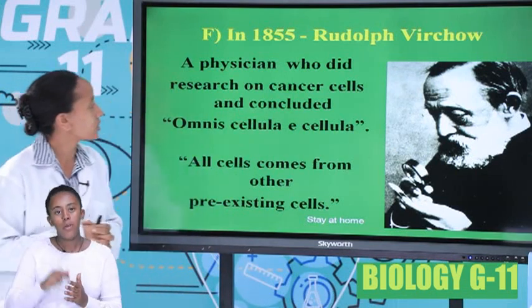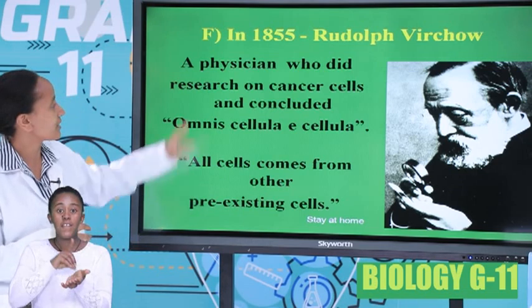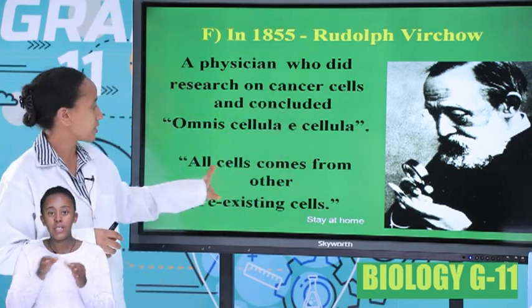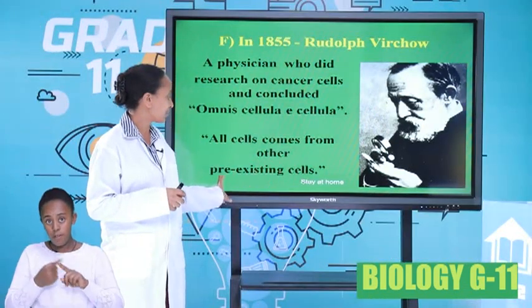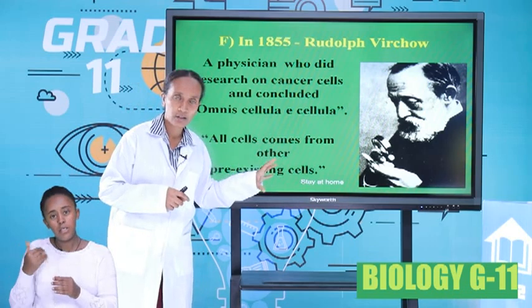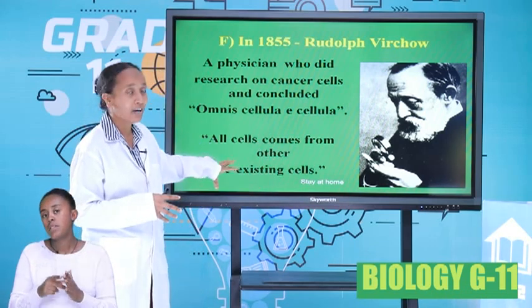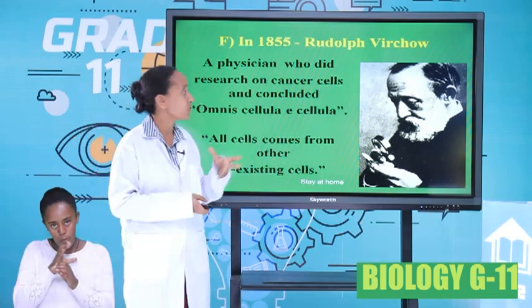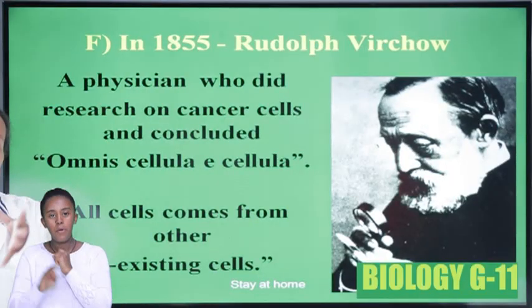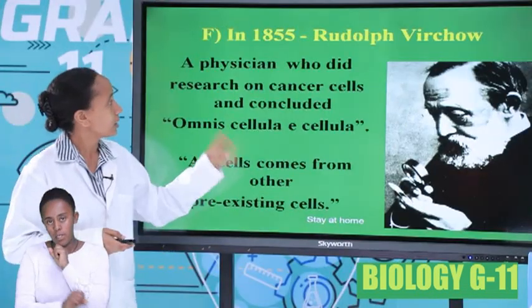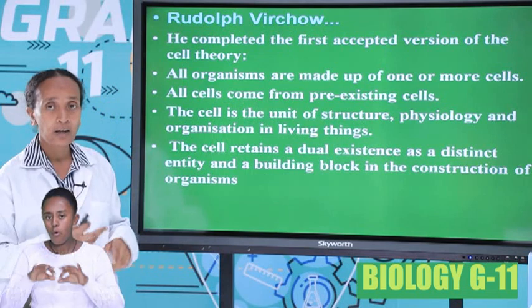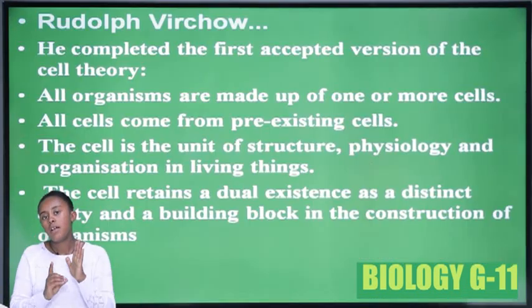Rudolph Virchow was a physician who did research on cancer cells and stated that all cells come from other pre-existing cells, which completely disproves the idea that cells can be formed by free cell formation. Therefore, Rudolph Virchow stated the most important idea in the development of cell theory.